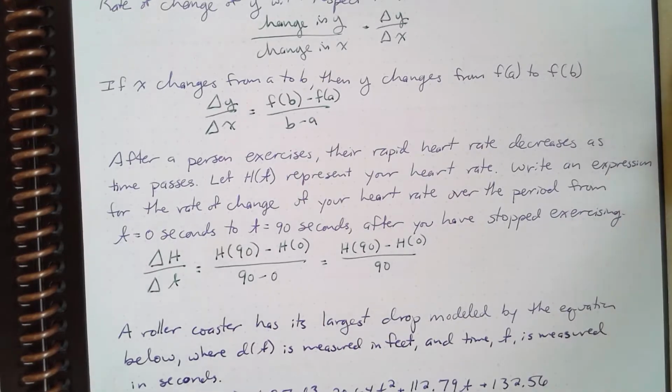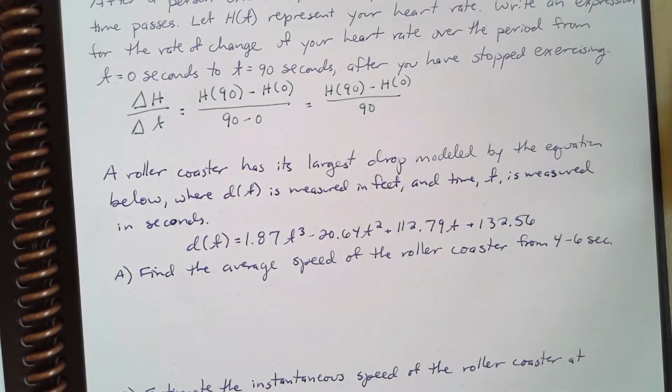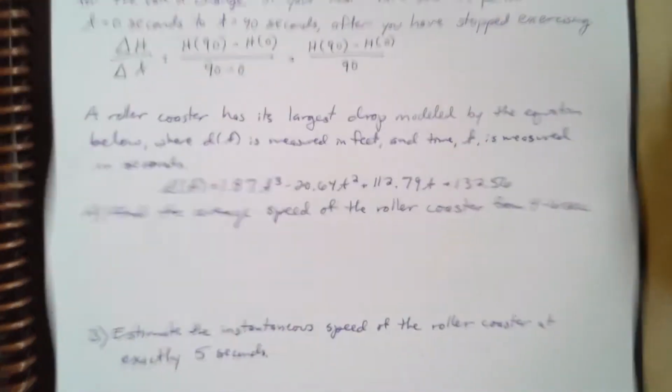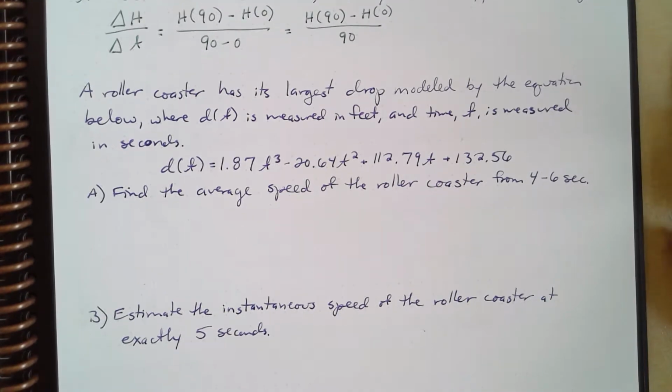Let's talk about another example. A roller coaster has its largest drop modeled by the equation below, where d of t is measured in feet and time t is measured in seconds. d of t equals 1.87 t cubed minus 20.64 t squared plus 112.79 t plus 132.56.